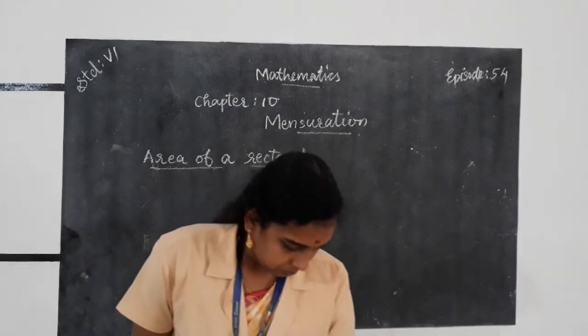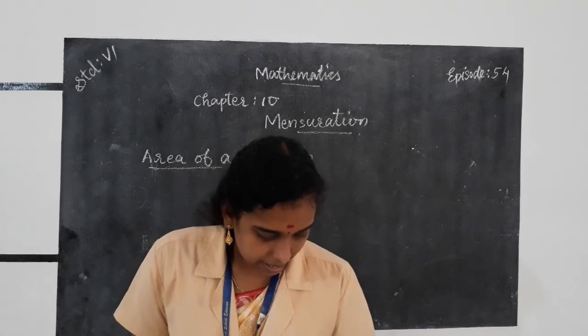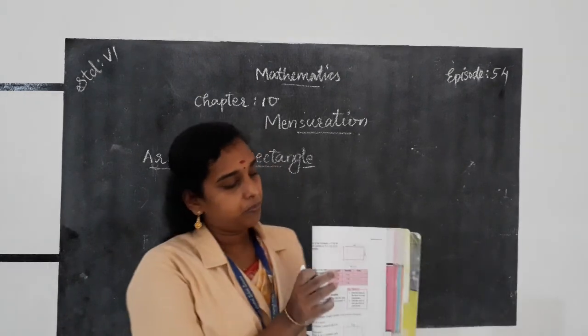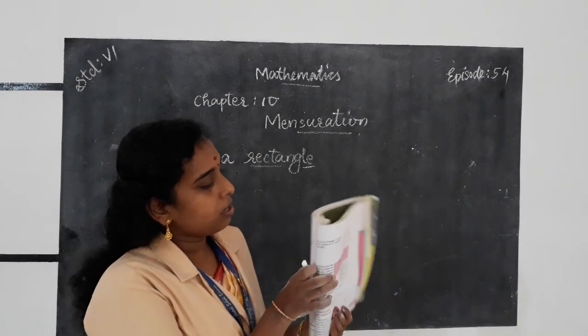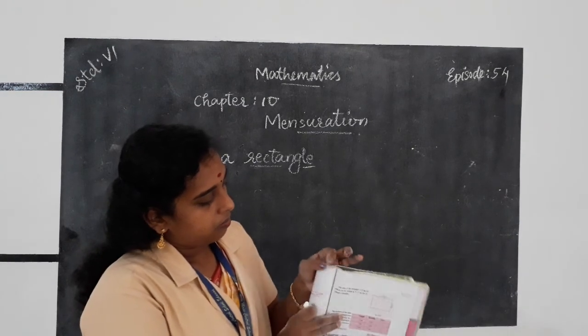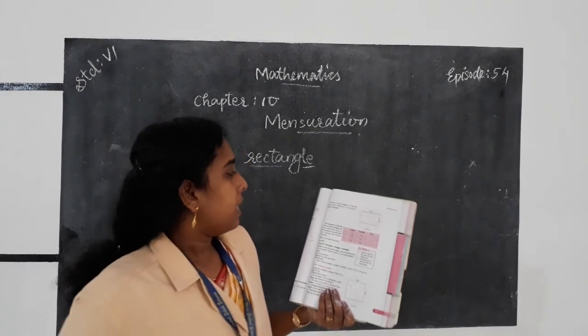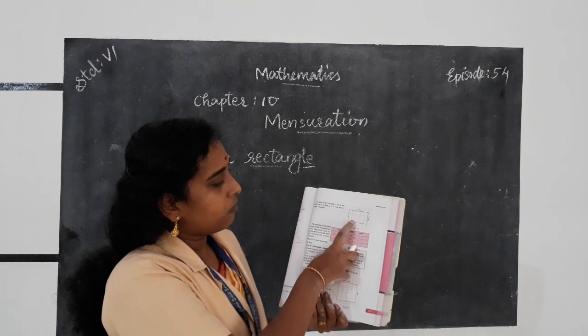In your textbook, page number 270, here a figure is given to find the area of the rectangle.